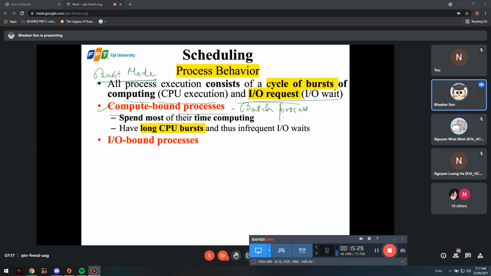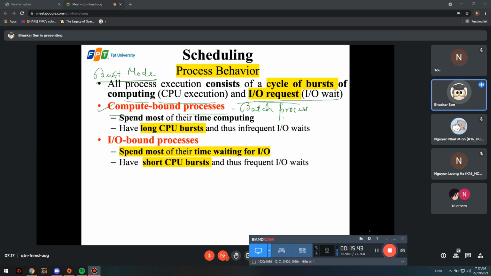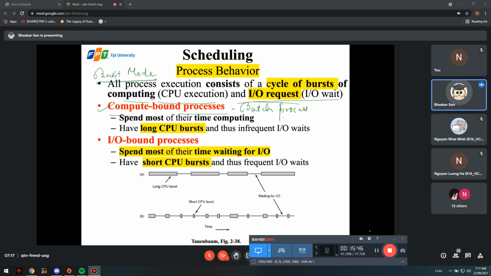Frequent IO bursts followed by short CPU bursts. Short CPU burst, frequent IO burst. Most of their time is spent waiting for IO, with short CPU bursts. An example for that is real-time processes.